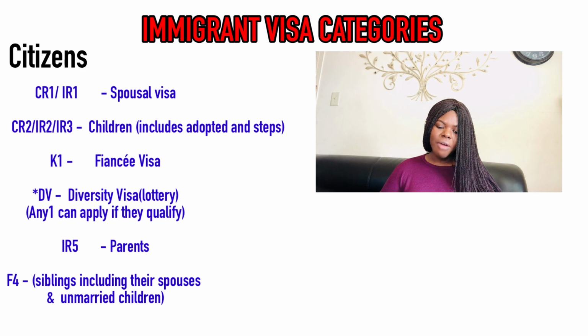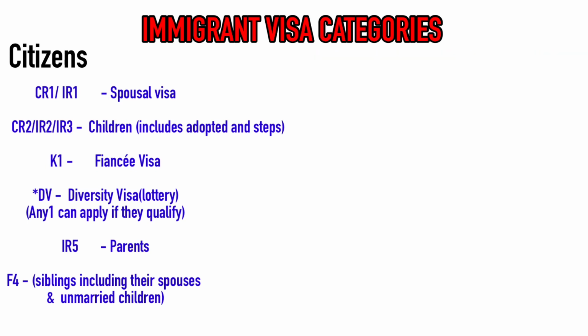And then we have IR2 and CR2, which are the children of these US citizens. As I said, if you are CR1, then your kids are going to be CR2. If you're IR1, your kids are going to be IR2. That is what it basically means.